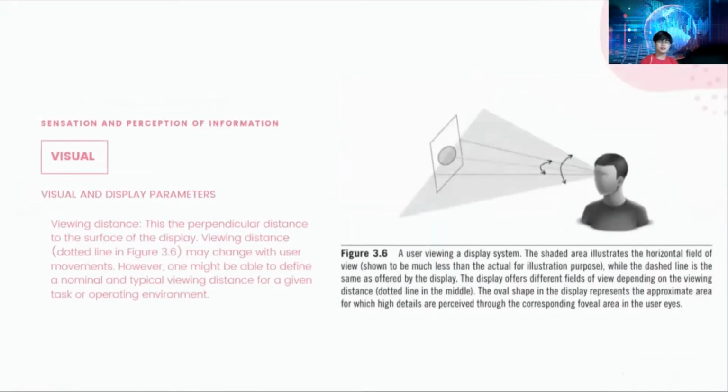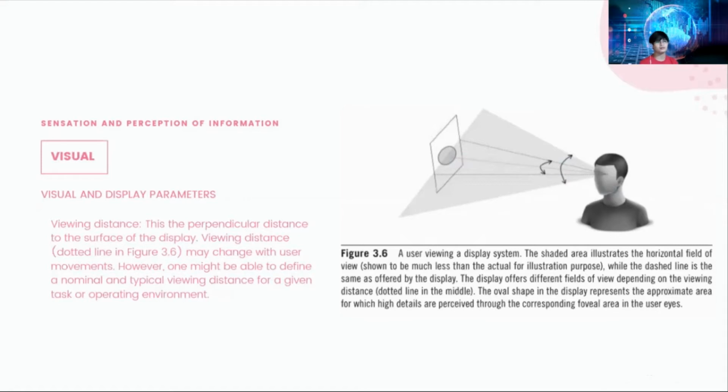Okay, next is the viewing distance. So how the users view, no? The distance from your device to your eye. So this is the perpendicular distance to the surface of the display. Again, a perpendicular distance to the surface of the display. Viewing distance, as you can see here, the dotted lines, may change with user movements.